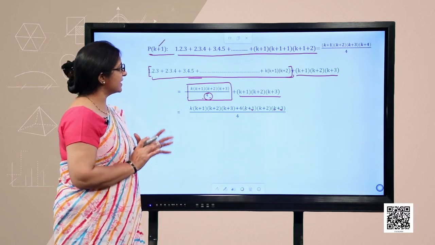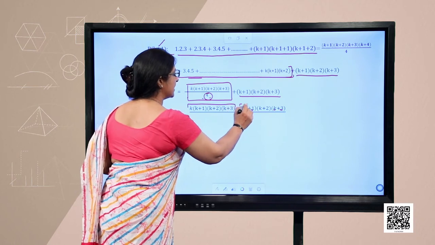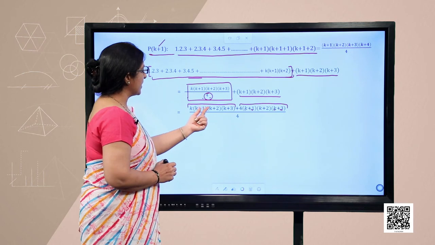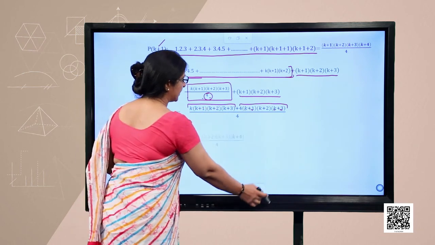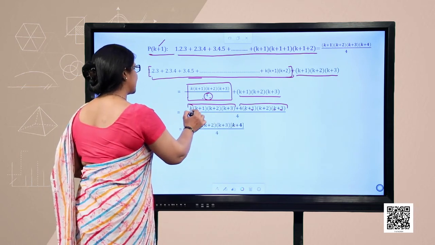Now, what can you see here in these two expressions? Can you see anything common here? Yes, the terms k plus 1, k plus 2, k plus 3 are common, which can be taken outside. After taking these three terms common, what is left here?